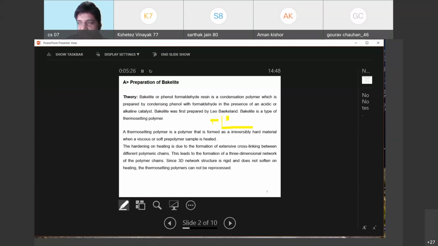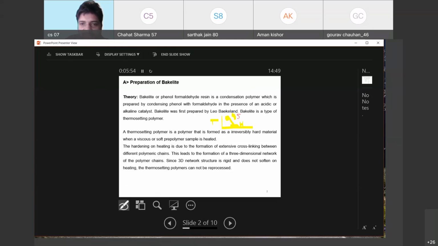When you prepare them, during their preparation, they are first soft at high temperatures. Once you cool them, they become hard. Means we are decreasing the temperature. H represents hard and S represents soft.